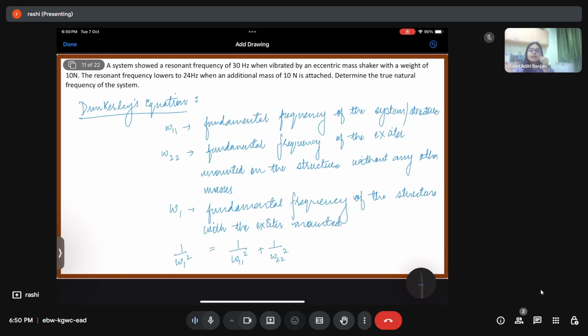So this is basically a relation in which we relate the fundamental frequency when the exciter is put.